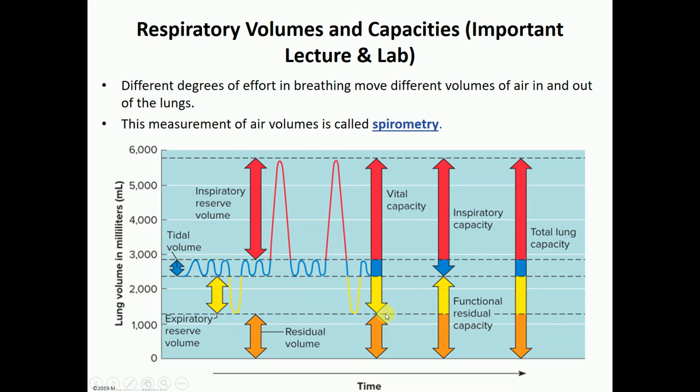Again, it's basically the maximal amount of air that a person can exhale after a maximal inhalation. So you ask the patient to inhale as much as possible and then to exhale as forcefully as they can. Okay, so again, the vital capacity.